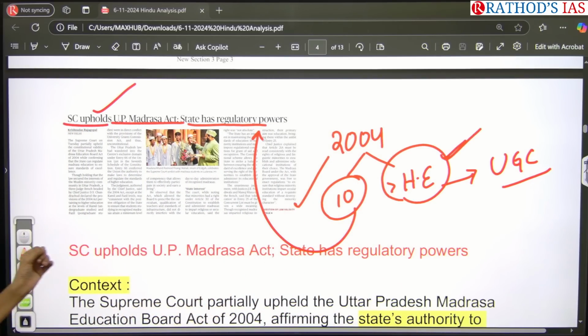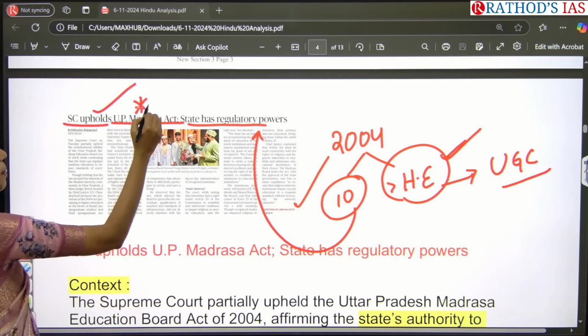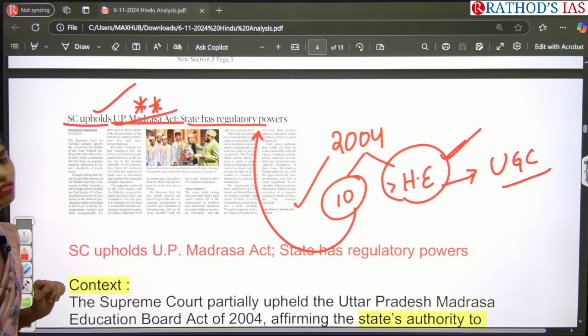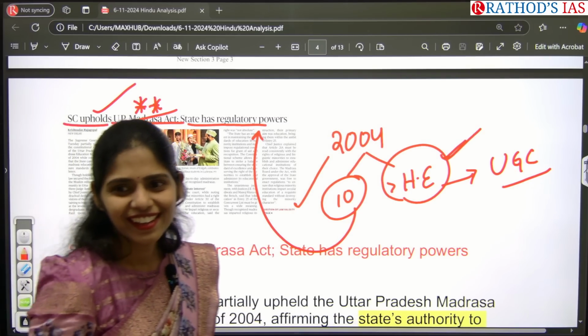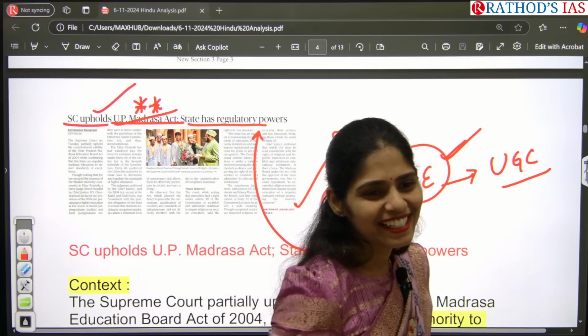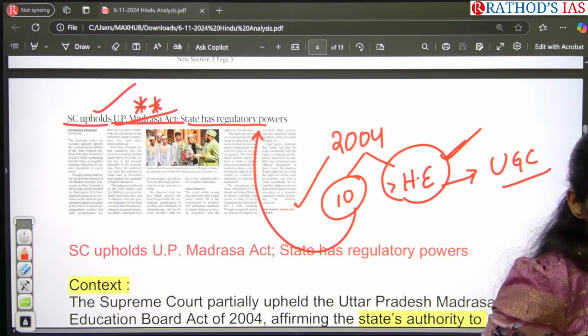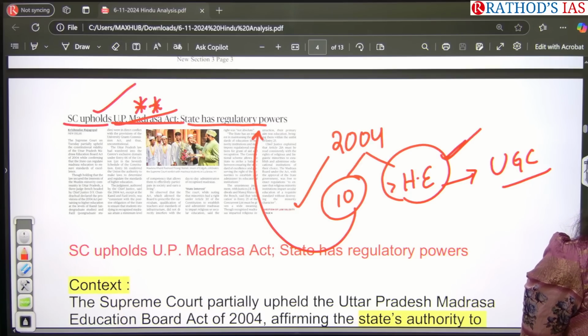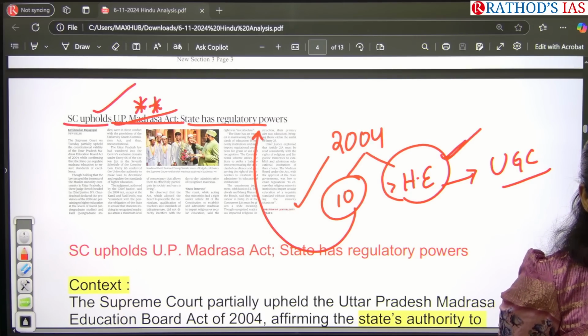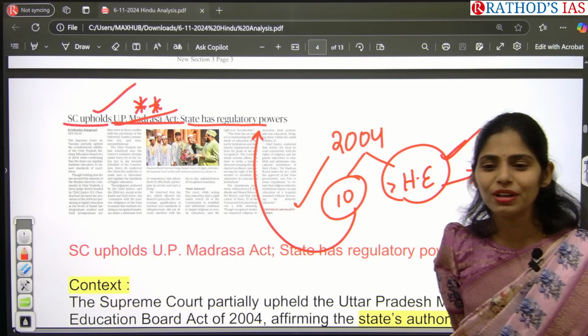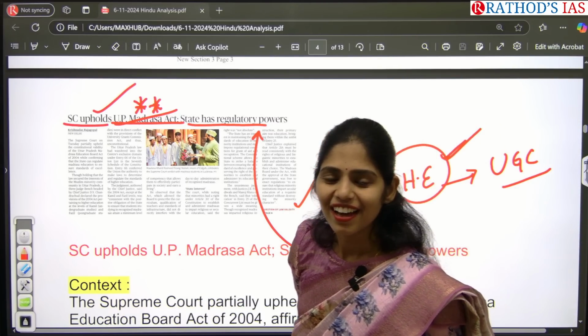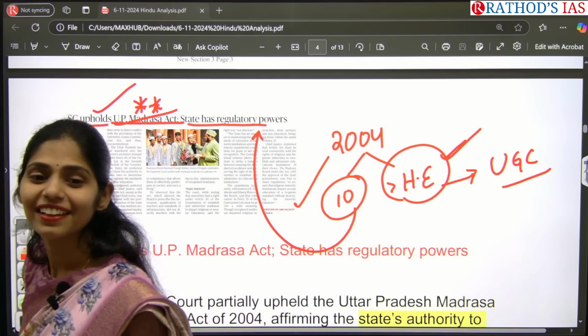Here you have to revise what the UP Madrasa Act of 2004 is. And you have to see fundamental rights. Tell me the articles, guys, recently done in yesterday's class. I don't want that one, I want the one about minority education. Which article?